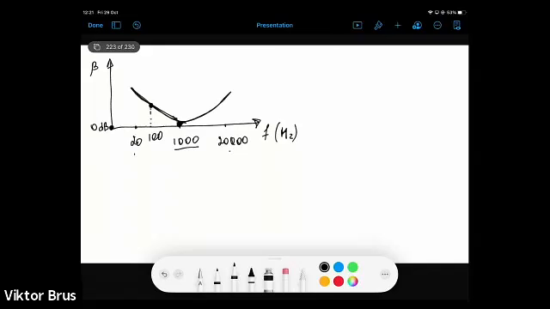We have this perception dependence on frequency, and for different frequencies of sound waves, we need different minimum intensity in order to detect the sound wave. If we come to frequencies lower than 20 hertz, for instance, then no matter what the intensity of the sound, we still will not be able to detect it.